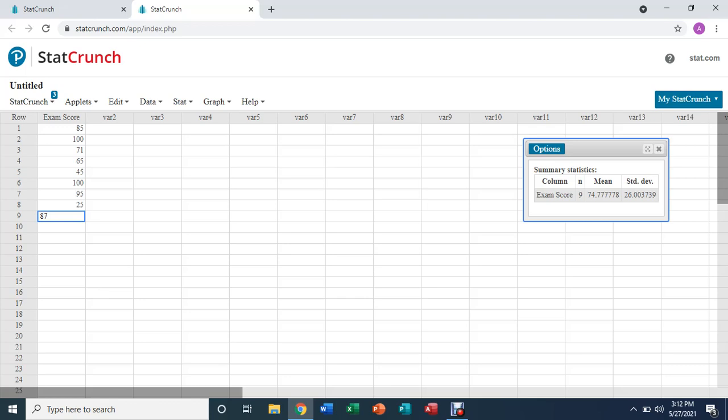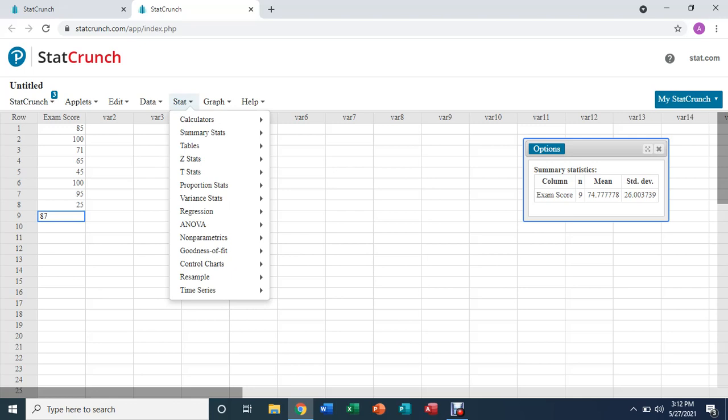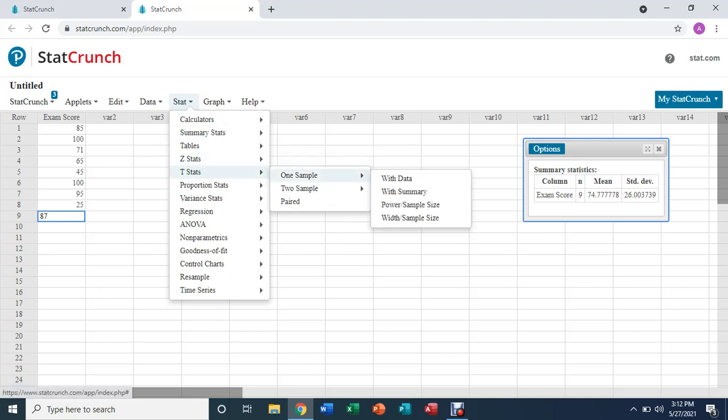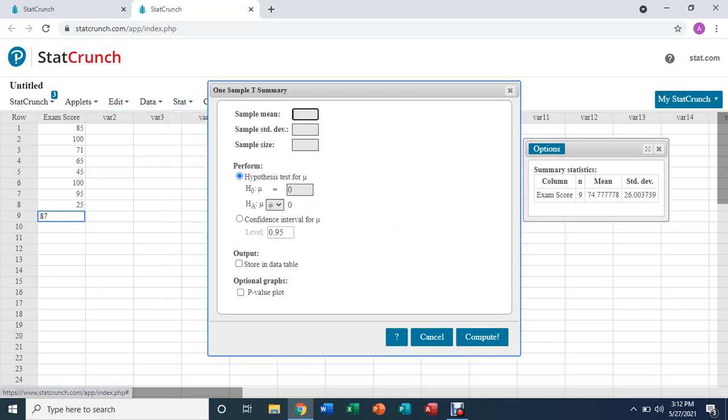So I'm going to go back to Stat and choose T Stats, One Sample with Summary, and now I can enter this information. The sample mean is 74.78, I'm just rounding to 2 decimal places.